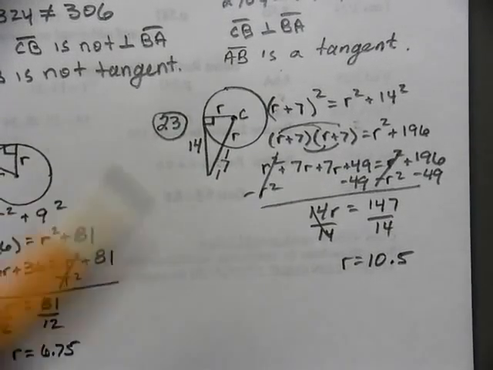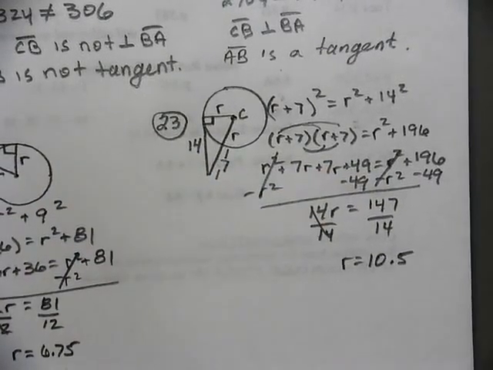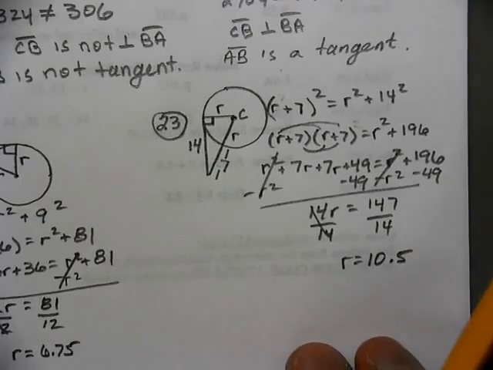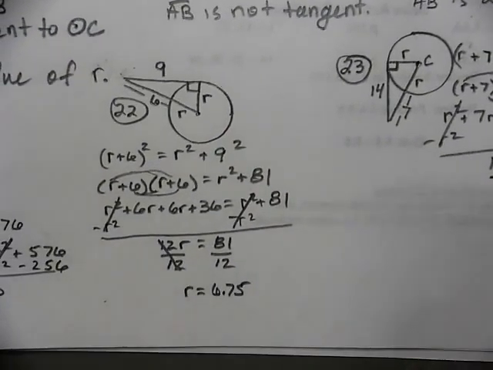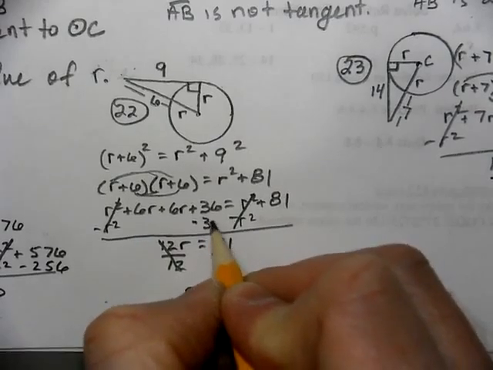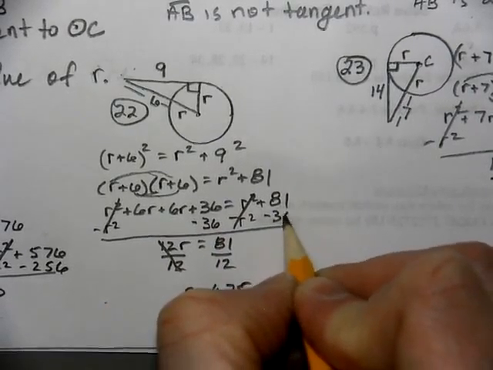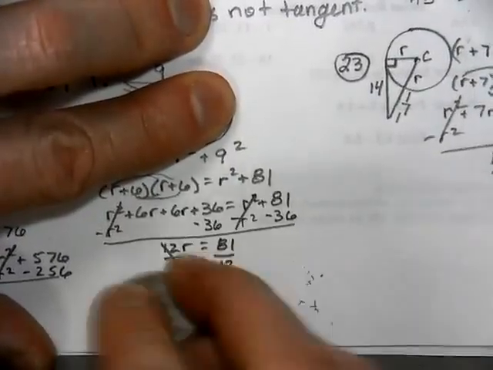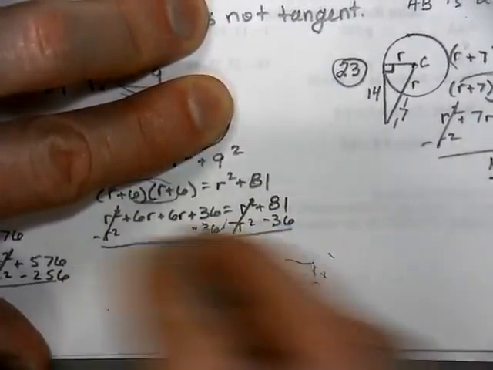Now, when I looked at this, I noticed that I subtracted my 49. That reminded me to look back at number 22. Did I remember to subtract? Doesn't look like I subtracted that correctly. I didn't subtract it at all. I needed to subtract the 36 from the 81. So I'm sorry, this is not 6.7.